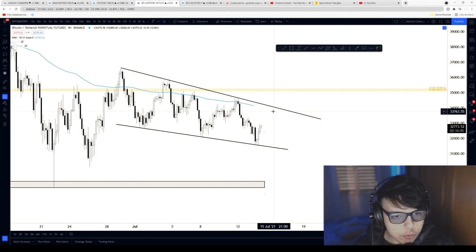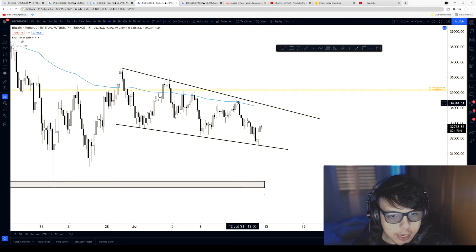So a confirmation would be closing 4-hour candles above the 21 EMA on the daily, and especially one daily candle would be even better. All right. So if we can close the daily above this channel and above the 21 EMA on the daily time frame, this would be ideal. And we gotta test it as support as well to make sure it's not a fake out. Okay, guys?